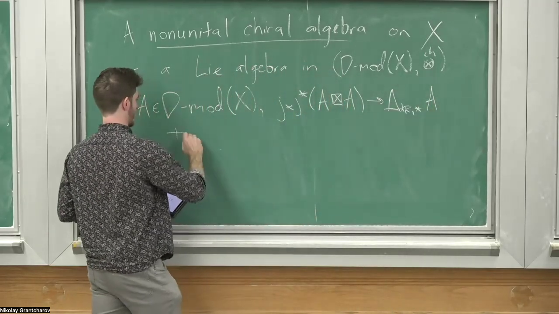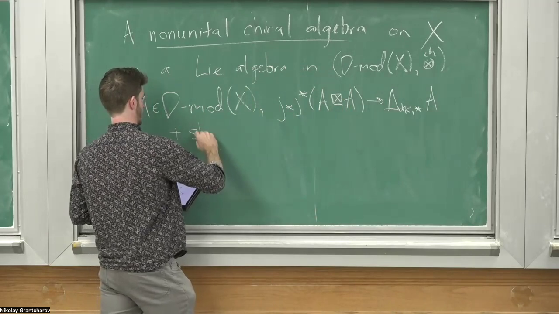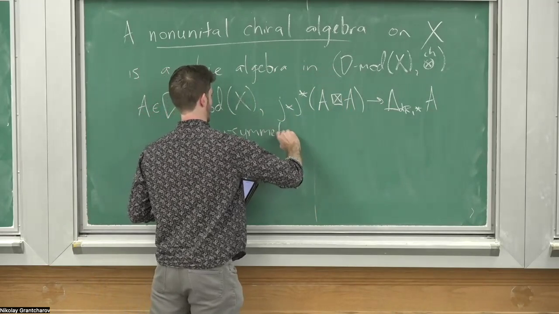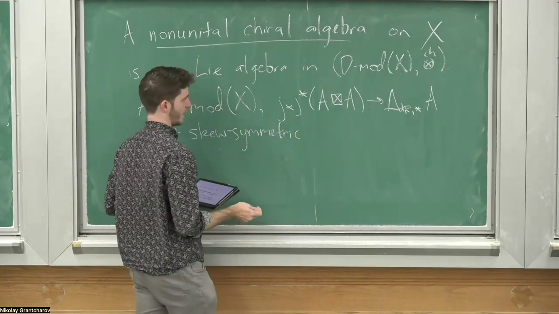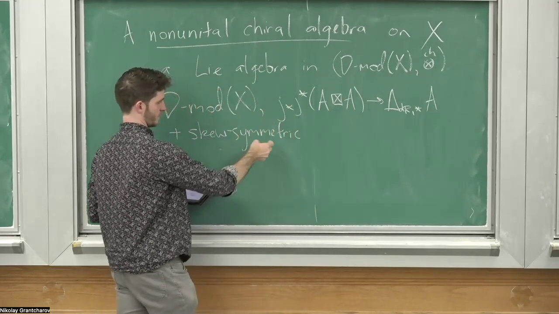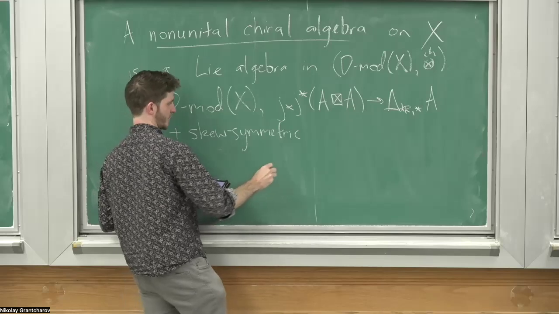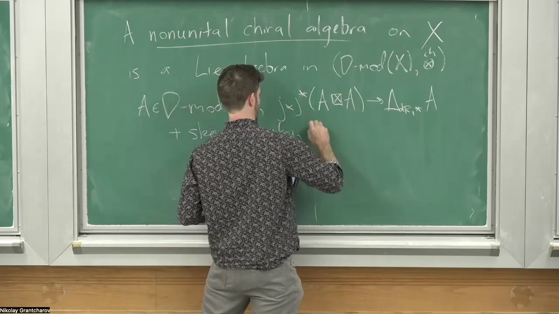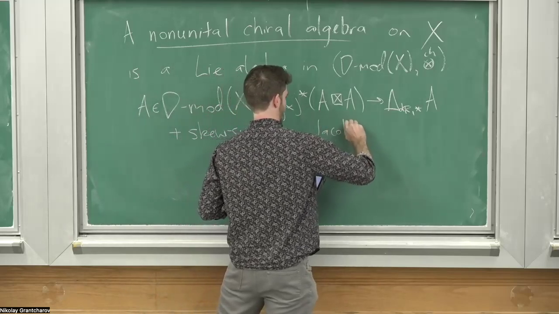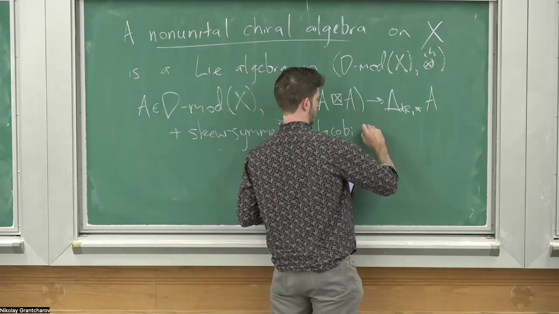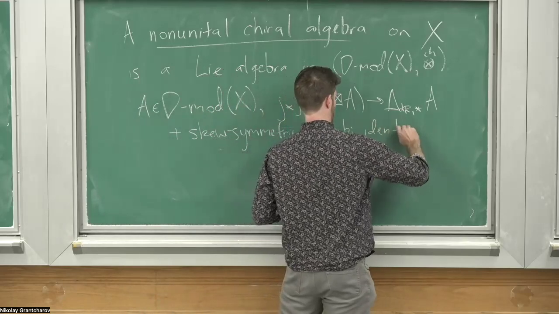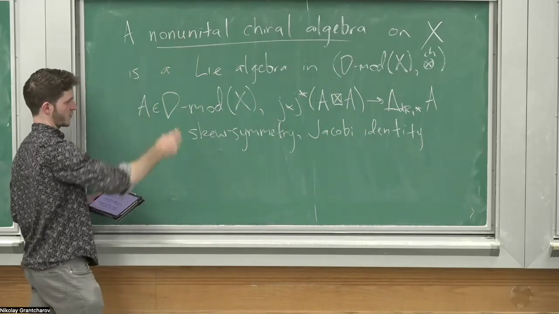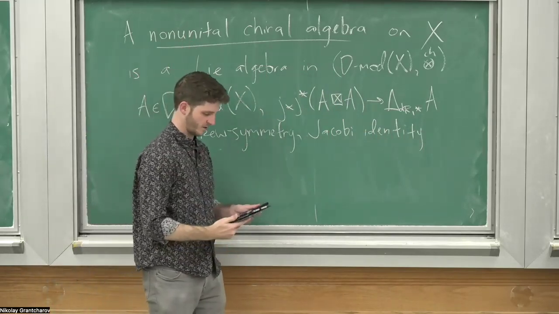Okay, and then it's required to satisfy skew symmetry, which uses that kind of transposition action on binary operations, and then the Jacobi identity, which is some identity that takes place on X cubed. Okay, so certainly you could write down these things in an ad hoc way, but this pseudo tensor structure is a nice way to formalize it.